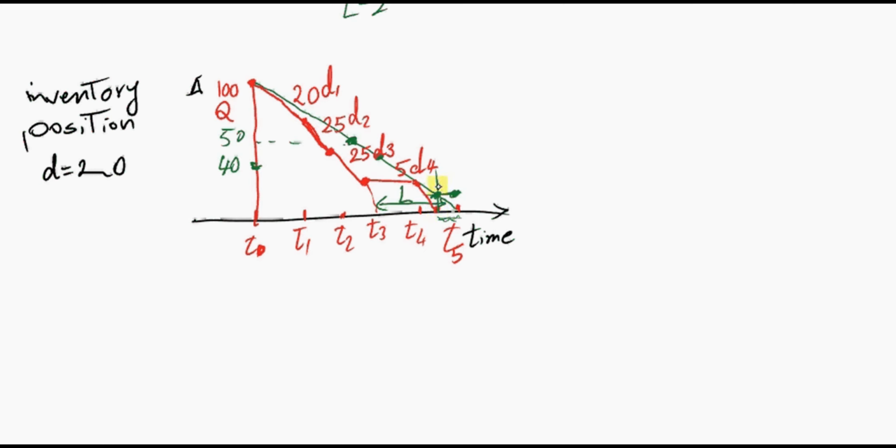So the product will arrive here. So the trick is that we will put the reorder point before we reach 40. So let's say the reorder point in this case will be DL, which would give us 40 plus a little bit, and that a little bit would be our safety stock.